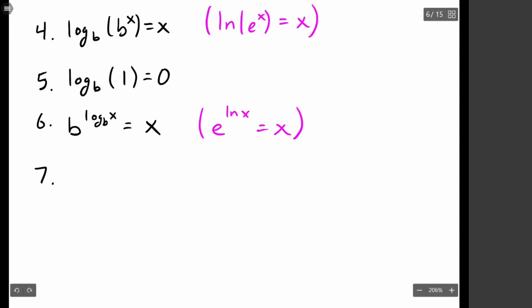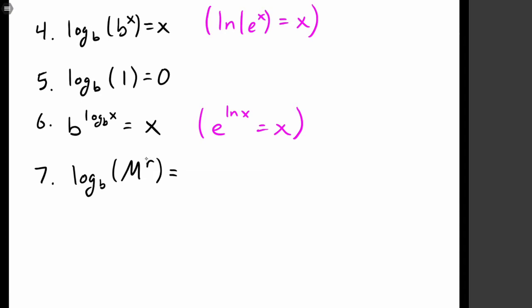Here, if we have log base b of m to the r, what we're allowed to do with logarithms, and we've talked about this before, is pull this r out: r log base b of m. And again, that works for ln as well. If you replace log base b with ln, this still works. So there are quite important properties here for logarithms that we'll use.